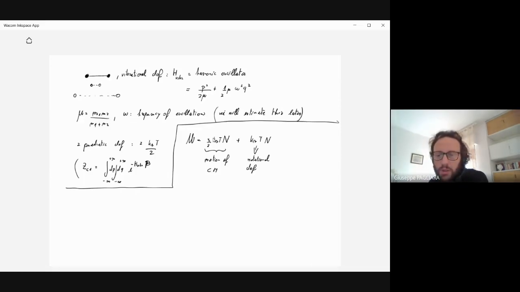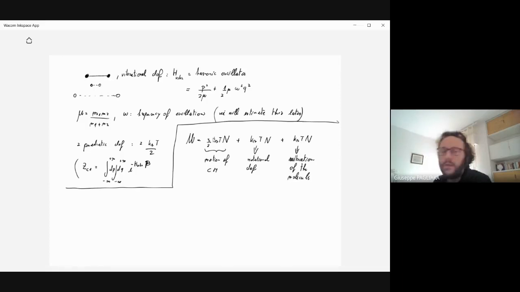So this is rotation around the two axes which pass through the center of mass, plus kBT n, which is associated with the oscillations or the vibration of the molecule.